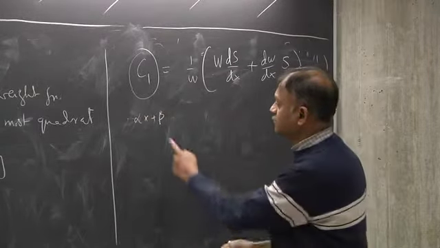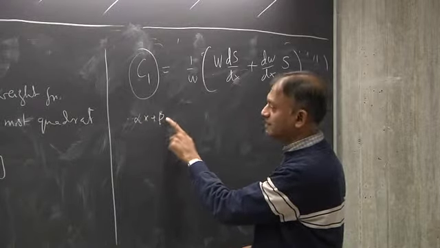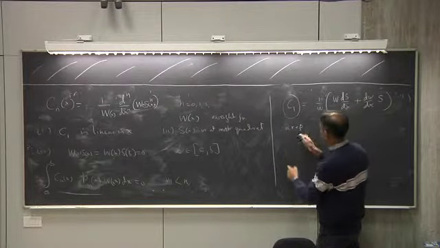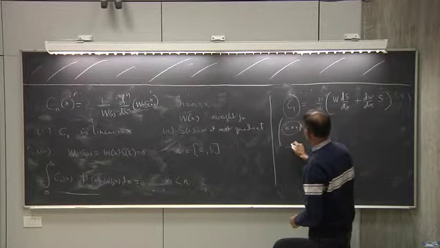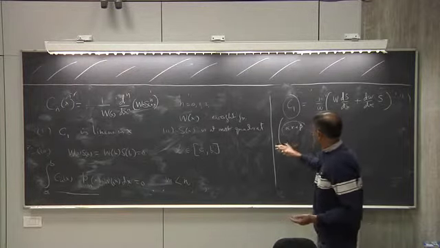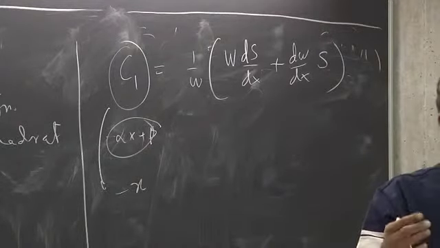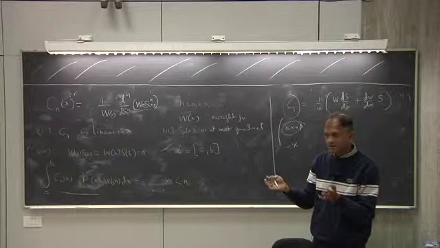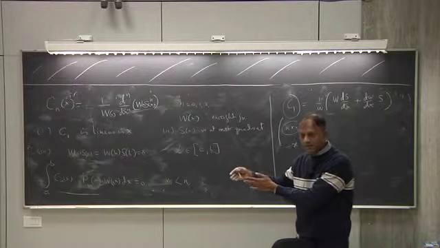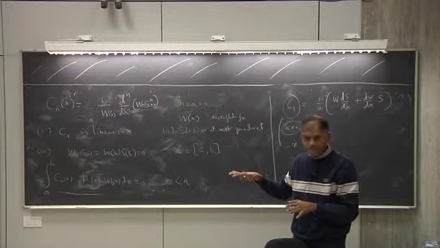But by shifting the origin of X and scaling the X, you can always make it to some standard form, minus X. By shifting X or multiplying X by a number, I'm not going to change the degree of the polynomial.